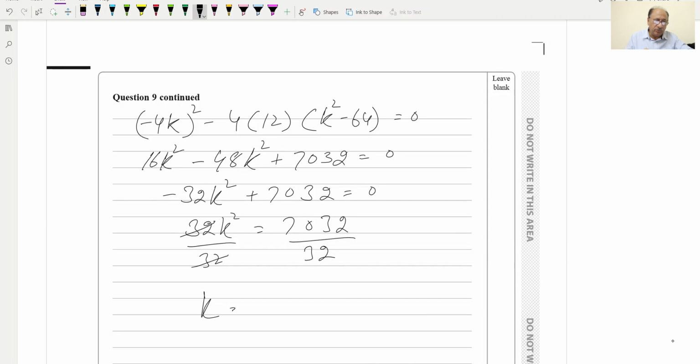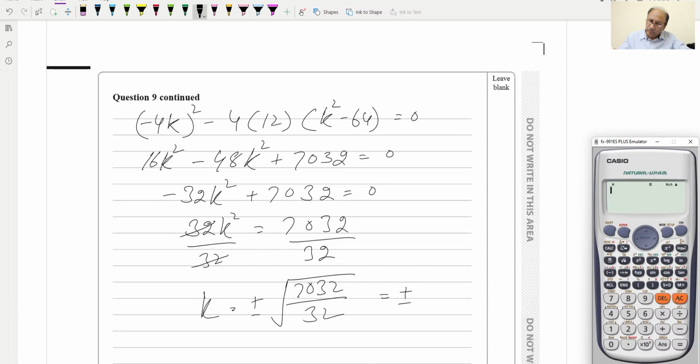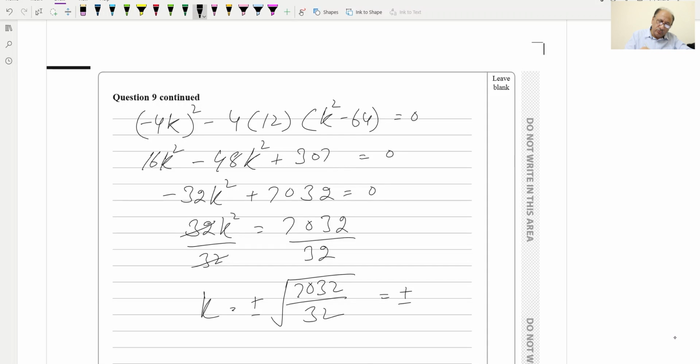So 32k squared is equal to 3072, and divide by 32, so k will be equal to plus minus the square root of 3072 over 32. Earlier I said 7032, but it's basically 48 multiplied by 64 is equal to 3072, so we rectify that.